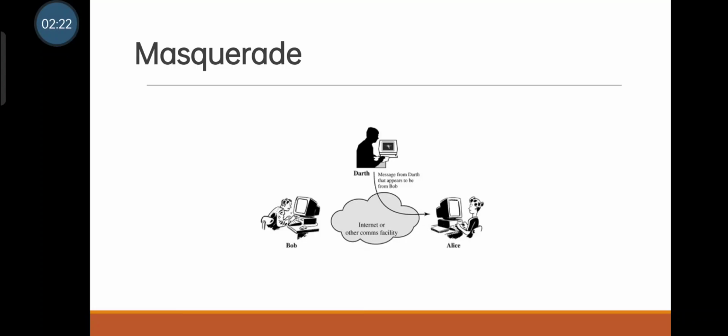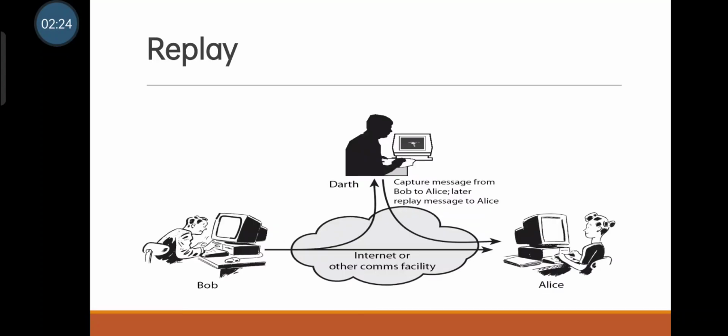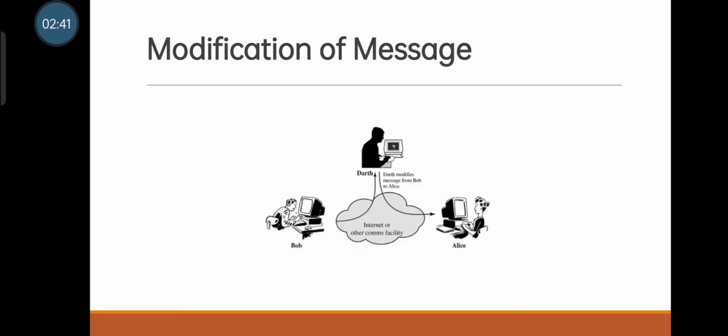That is masquerade. Then replay: whatever message we have received, we get the same message again from another person, but we think it is coming from the same person, which is not the case.